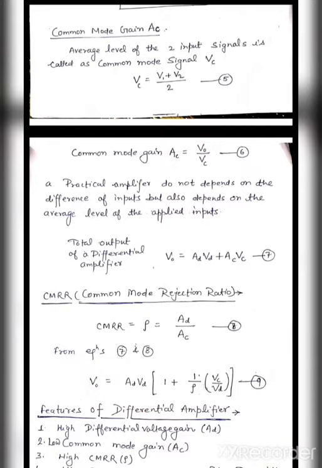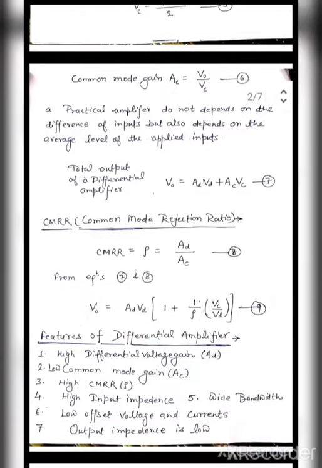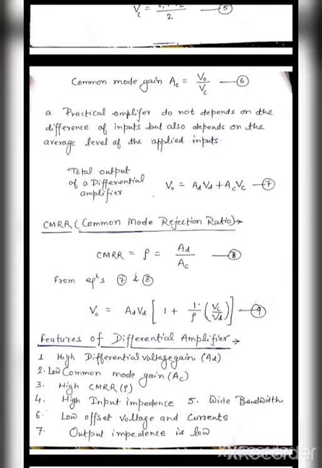Now come to the features of a differential amplifier. The features are: first, it has a high differential voltage gain AD. Second, it has low common mode gain AC. Third, its value of common mode rejection ratio is high, high CMRR rho.